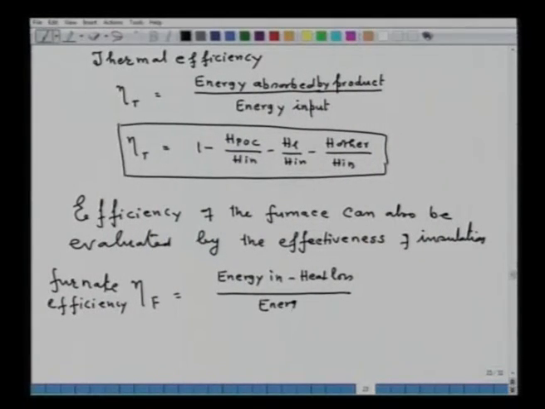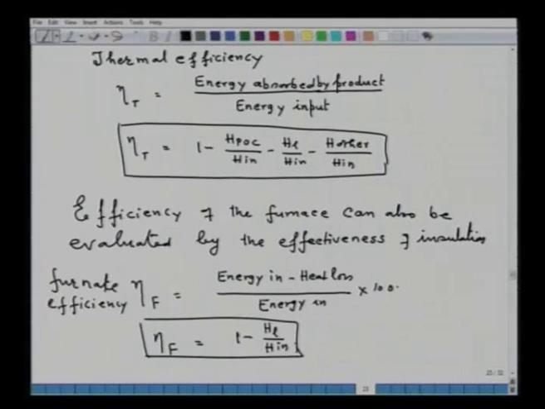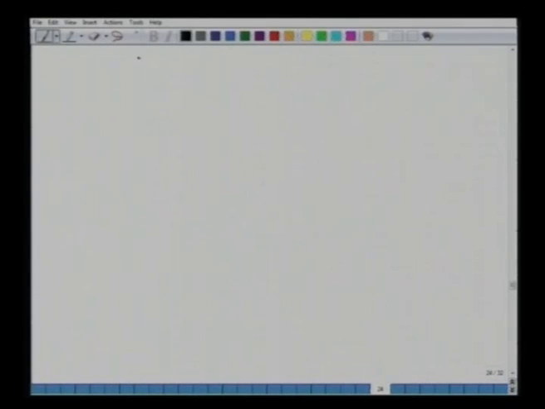So, when you say heat loss, that means heat loss through the lining, upon energy in, into 100. Ultimately this becomes 1 minus HL upon H in. So, this is the furnace efficiency. Note that the furnace efficiency is very much greater than the thermal efficiency, as I will show in a problem which I will be taking immediately after this lecture.